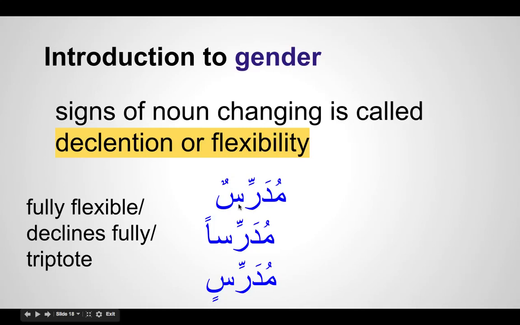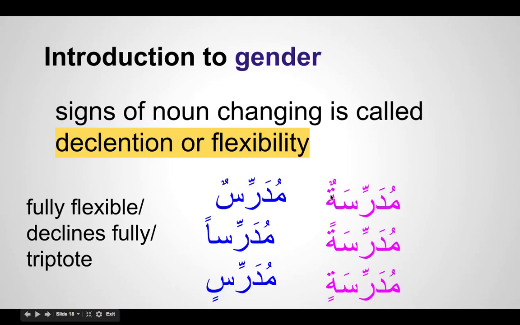Here, if you see mudarrisun, mudarrisan, mudarrisin, the word can take a dhamma, fatha and kasra. For feminine words, mudarrisatun, mudarrisatan, mudarrisatin, the word is also taking dhamma, fatha and kasra. So when a word takes at the end of it a dhamma, fatha or kasra, that is called fully flexible, or it declines fully, or we can call it a triptote. Triptote means triply.